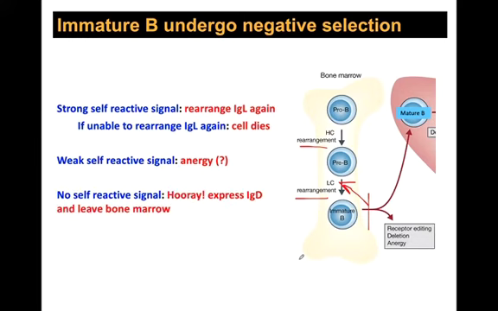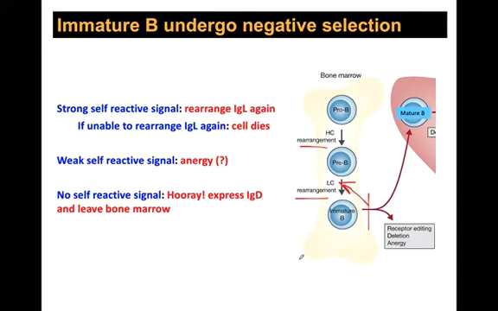And the only time that a B cell can actually get out of the bone marrow and go and look for antigen, do its job, is if there's no self-reactive signal. Okay, and when it does this, it now will express, in addition to IgM, IgD. Remember, this is the only time in a B cell's life where it can express two different isotypes.